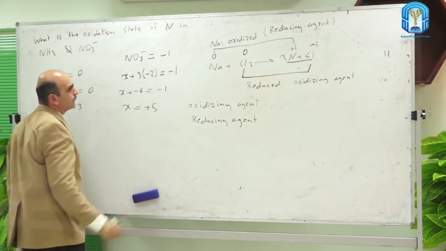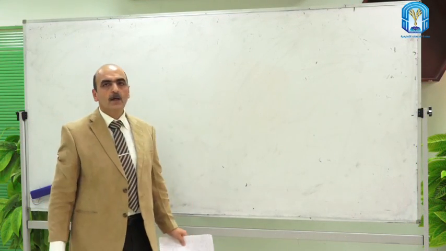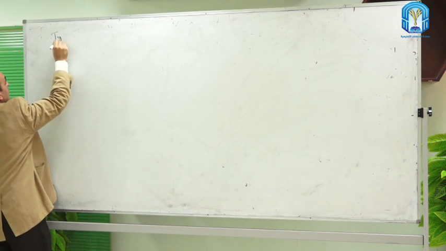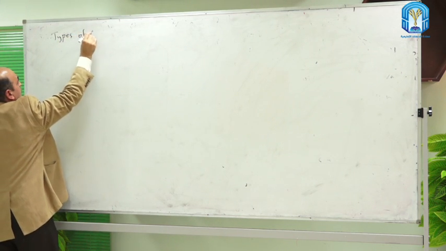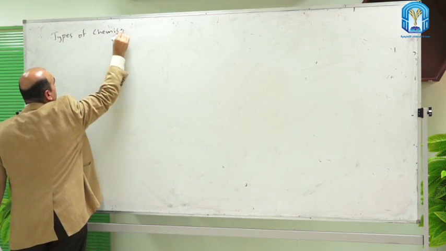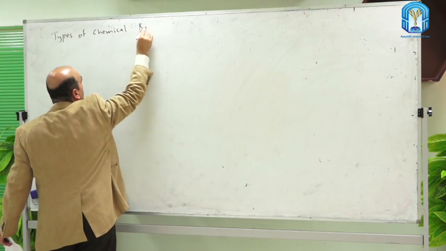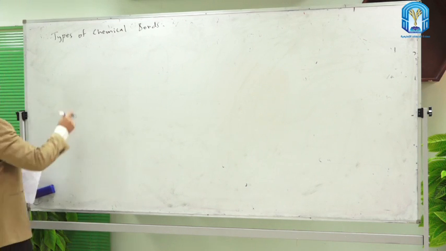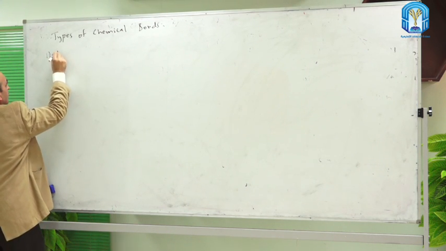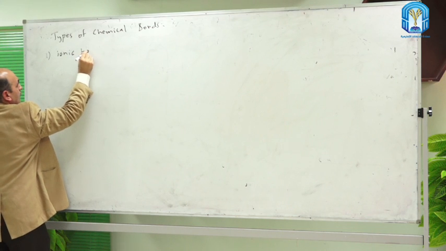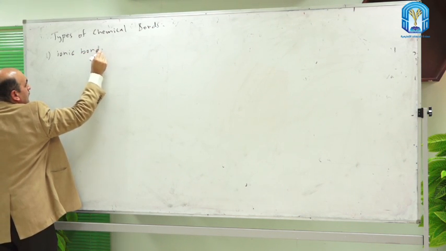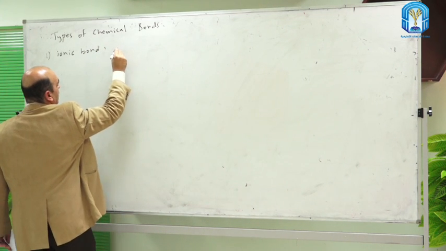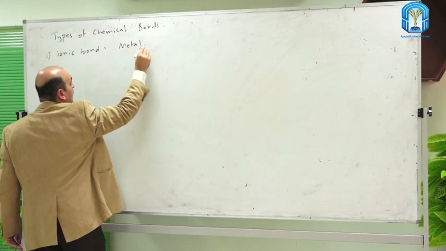positive 5. I'll talk about types of chemical bonds. We have here in this chapter 3 types of bonds. The first one is ionic bond, which is formed between metal and non-metal.